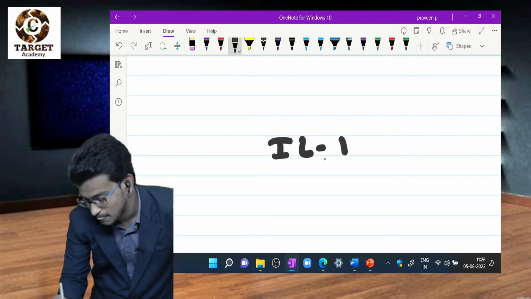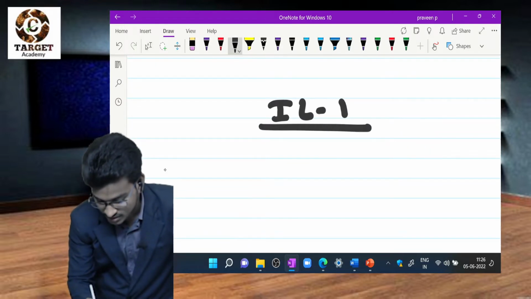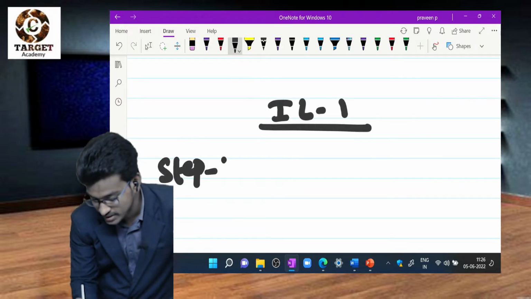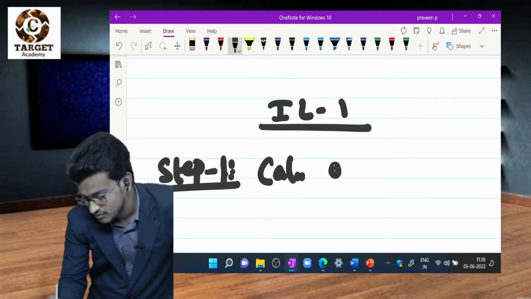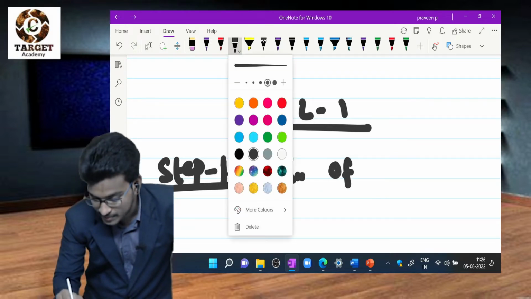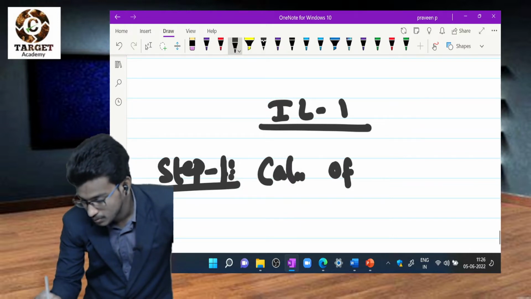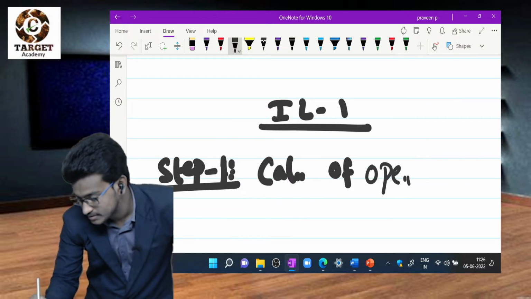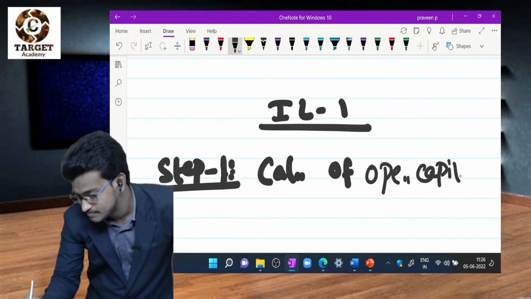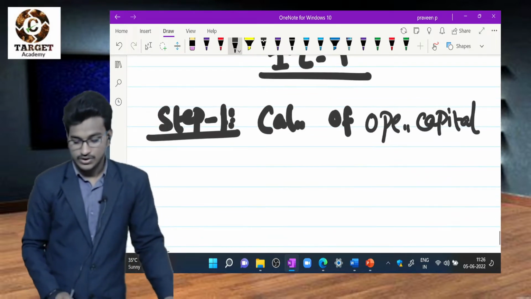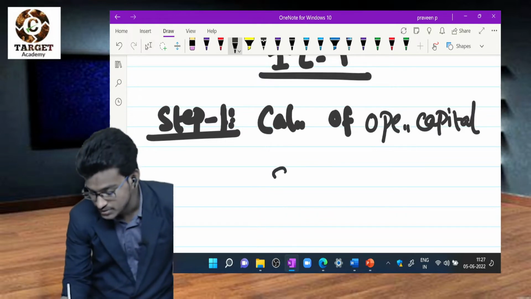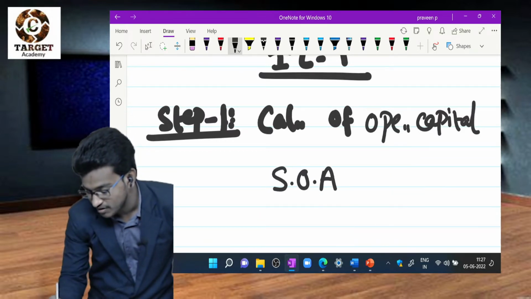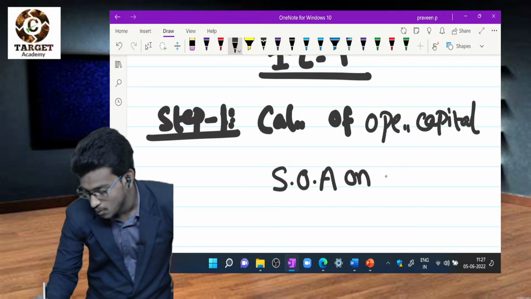Illustration number 1. Step number 1. What is that? Calculation of opening capital. Opening capital. Correct? So if we want to calculate opening capital, we have to use the statement of affairs on the opening date.